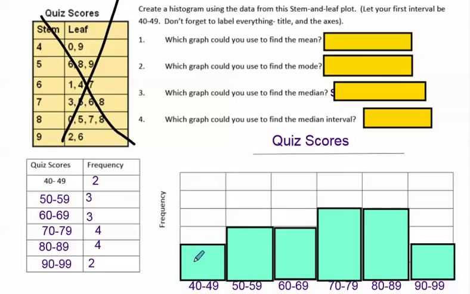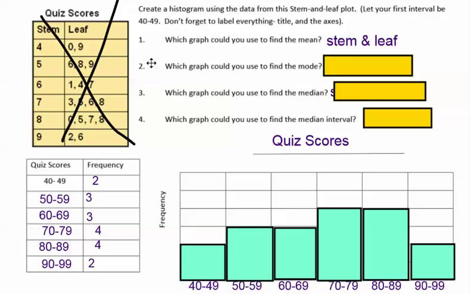The 2 scores in here, do we know what they are? Is it a 41, a 42, a 43, a 48? No. So from the histogram, could I find the mean? No. But we could find the mean from the stem and leaf. So if we wanted to find the mean, we would have to use the stem and leaf.